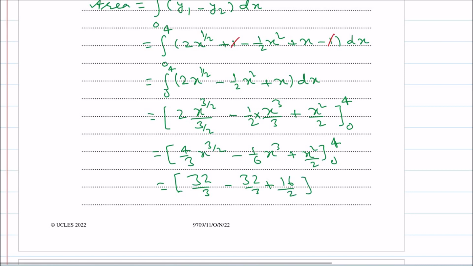So this 32 by 3 and 32 by 3 cancelled out. For 0 it becomes 0 all the terms because everywhere x involved. So we got 16 by 2, that is 8. So area equal to 8 unit square.